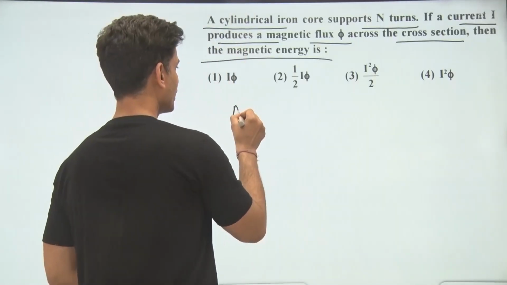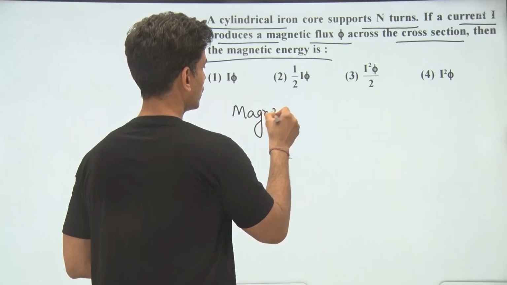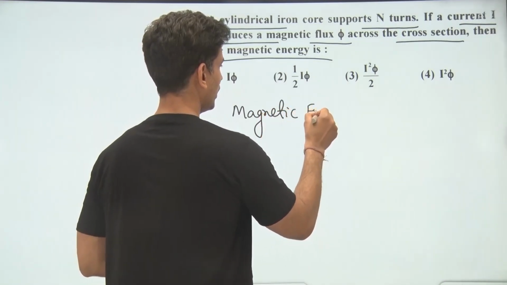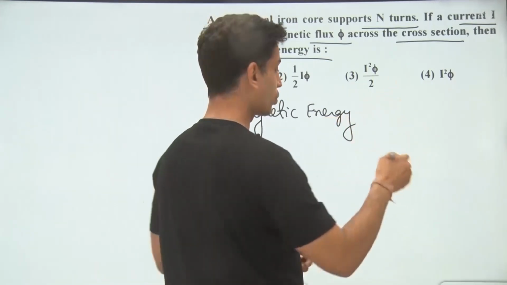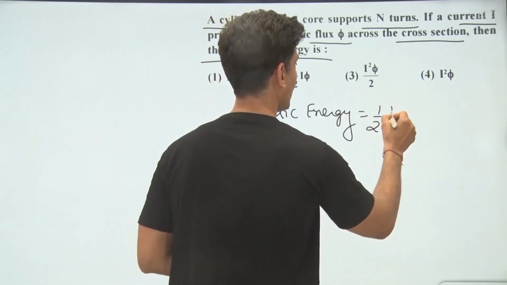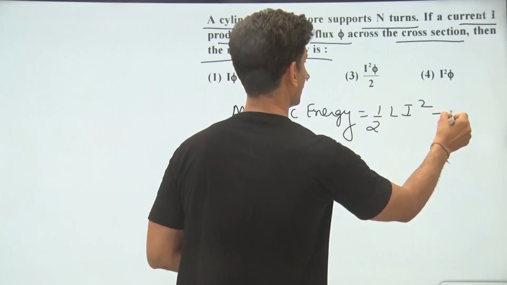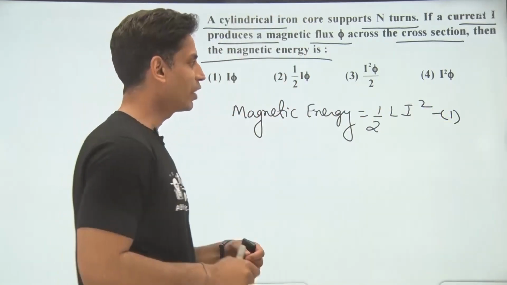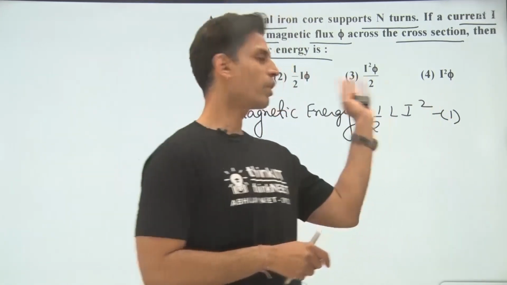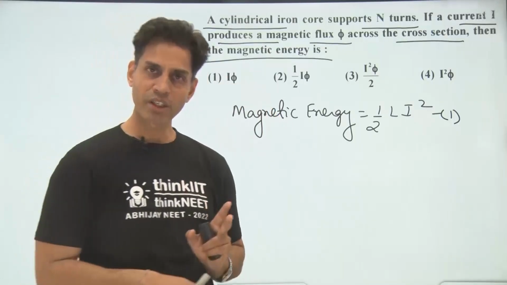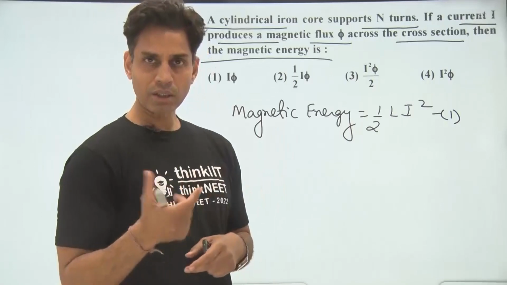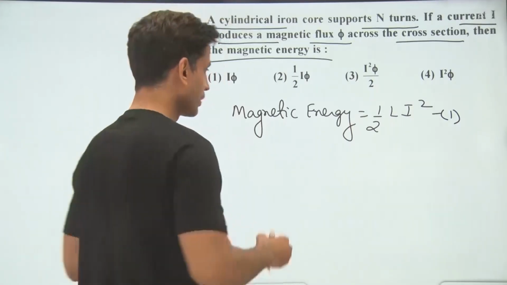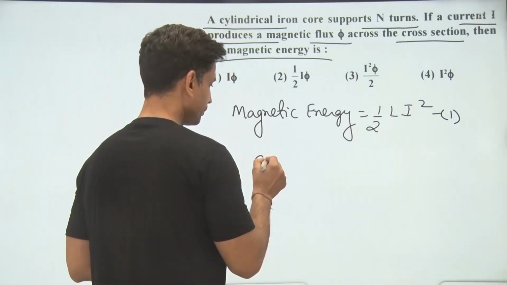Now the magnetic energy through this cylindrical iron core is given by half L I square. We have to calculate the value of half L I square. Just look at the options, inductance is not given. But the flux associated with the cross section is given as phi.